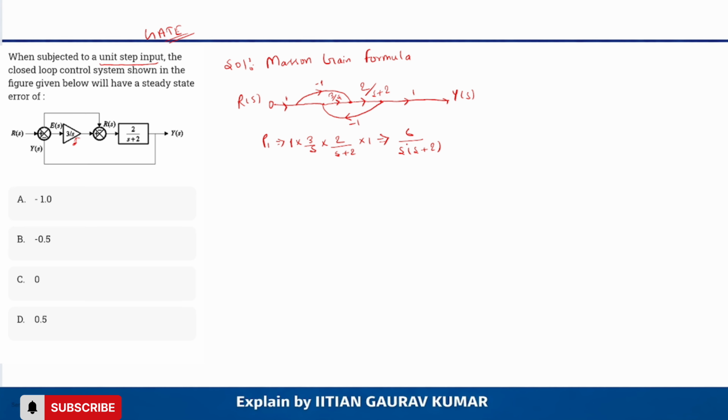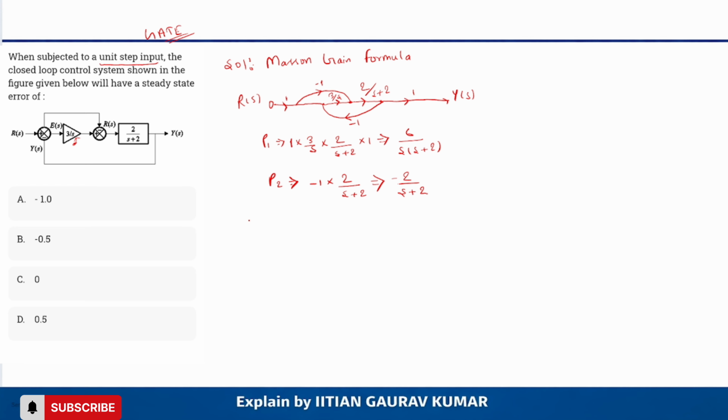And P2 is from R of s to Y of s: minus 1 into 2 by s plus 2, so minus 2 by s plus 2.